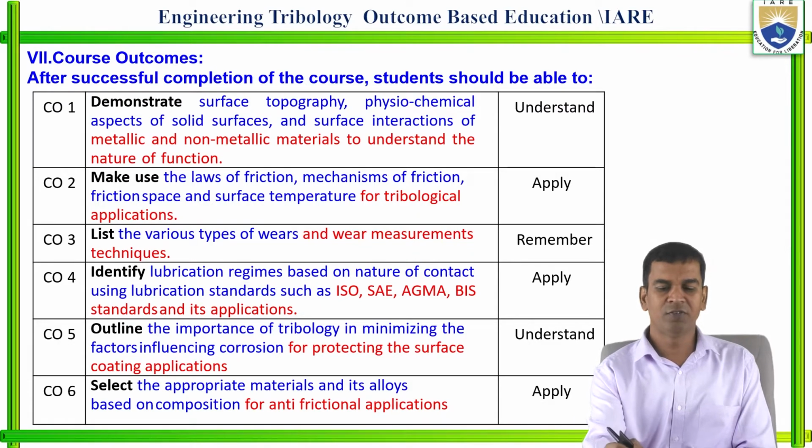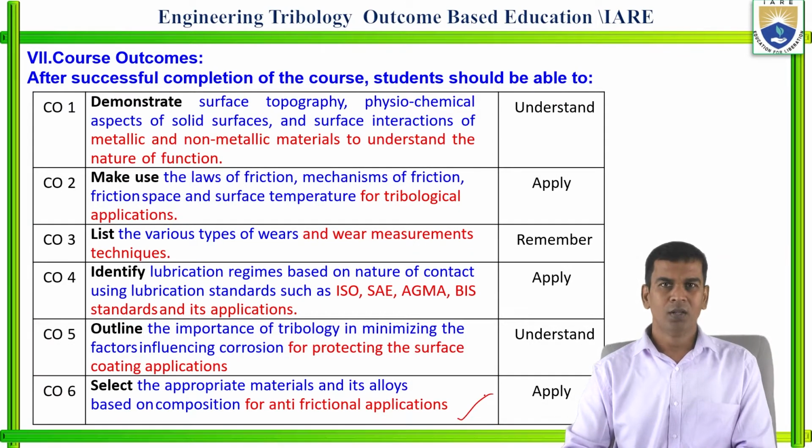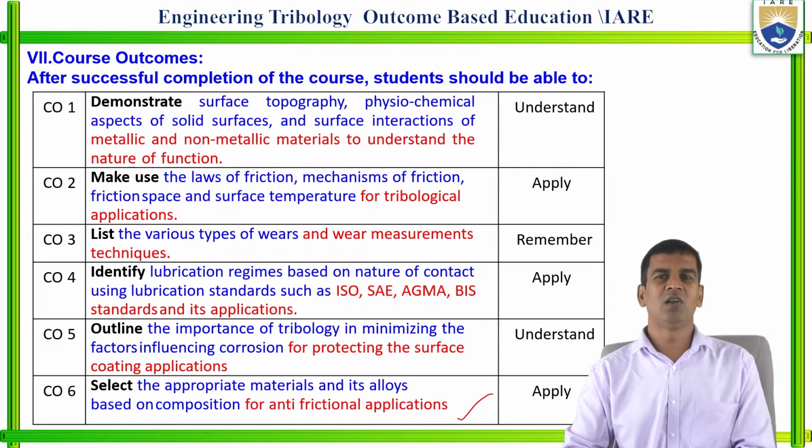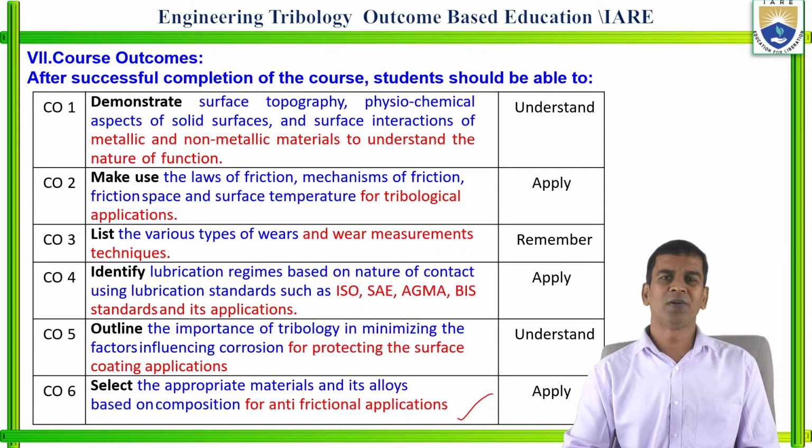Next, the sixth one: students will be able to select the appropriate material and its alloys based on the composition for anti-frictional applications. The sixth CO mainly deals with engineering materials. Here, the students will be able to select the appropriate material based upon the application.